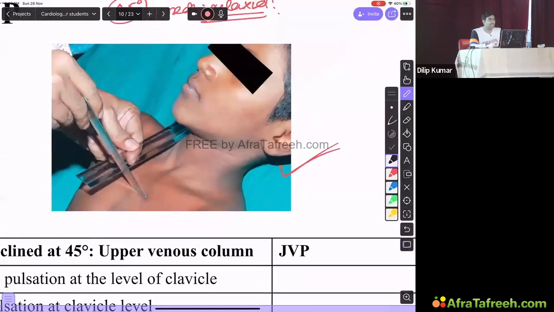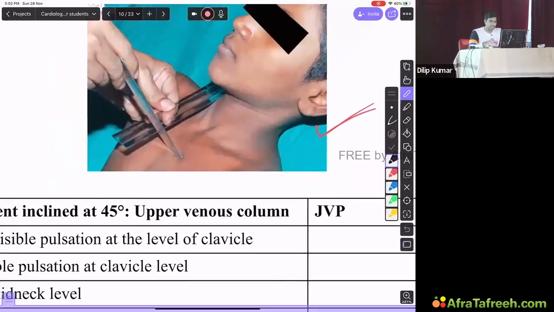This is called the two-scale technique. So what you do is you keep one scale perpendicular to the sternal angle. It should be exactly perpendicular, because it's a common mistake that when the patient is in a semi-reclined position, you keep the scale straight. That's commonly what you do, isn't it? That's a common mistake. Suppose the patient is like this, you tend to keep the scale like this.